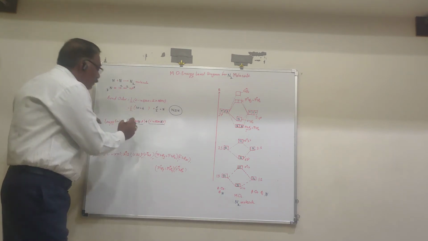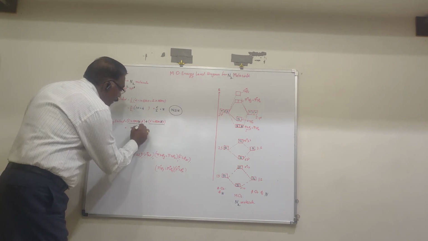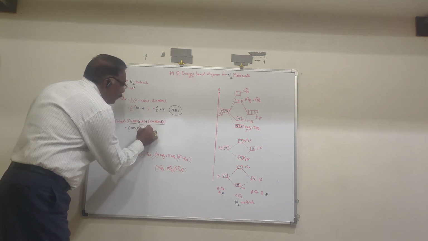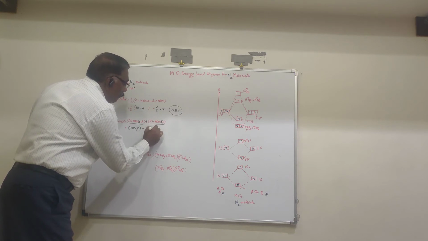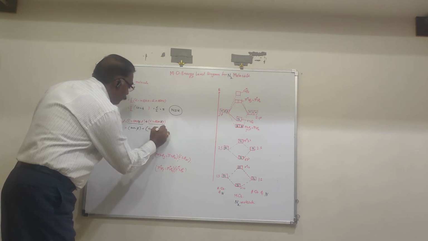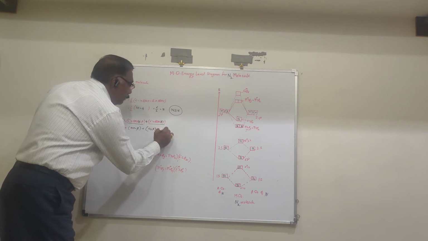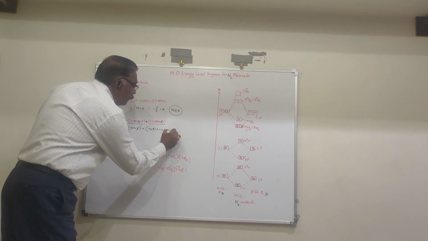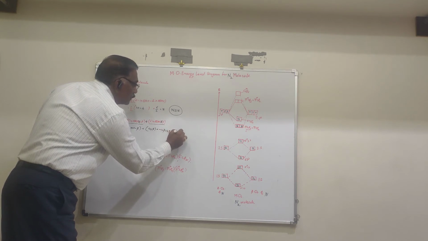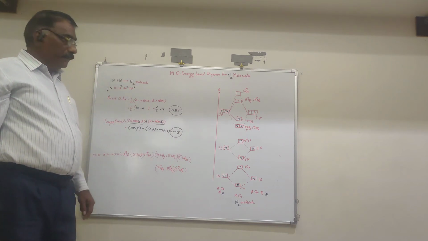How many electrons in BMO? There are 10 electrons into minus beta, plus how many electrons in ABMO? 4, 4 into beta. So it is equal to minus 10 beta plus 4 beta, which is minus 6 beta. This is the stabilization energy.